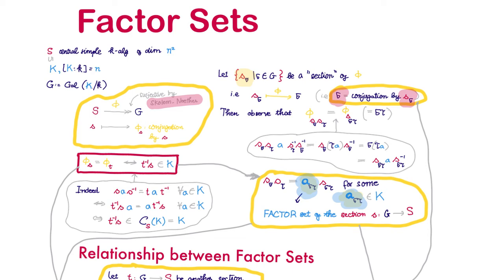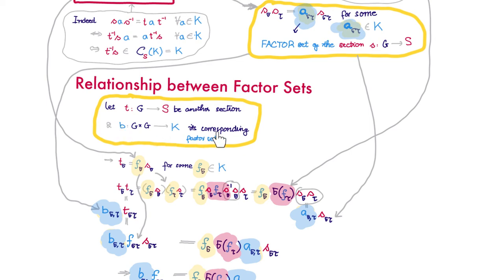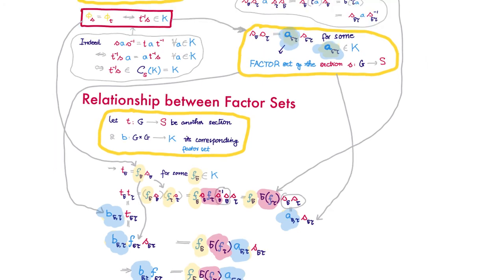Now let B be its corresponding factor set. So that means that we have a similar relation here. We replace S by T and A by B. Then observe that since T sigma and S sigma lie in the same fiber of phi, namely they both lie in the fiber over sigma, by our previous discussion, they must differ by a scalar in K. In other words, there must exist some scalar F sigma in big K, such that T sigma is equal to F sigma times S sigma.